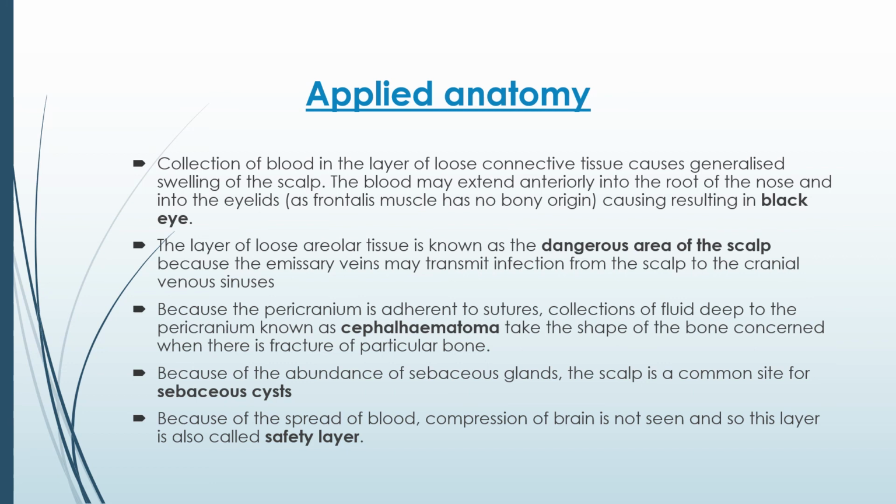Due to the abundance of sebaceous glands, the scalp is also an area with a high chance of sebaceous cysts. Also, because of the spread of blood, compression of brain cannot happen, and thus this layer is also called the safety layer.